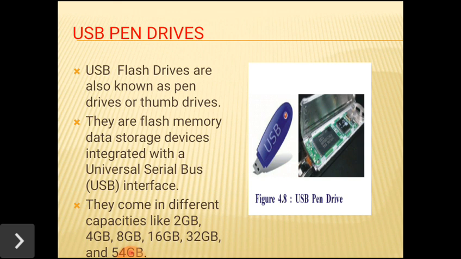They come in different capacities like 2 GB, 4 GB, 8 GB, 16 GB, 32 GB, and 64 GB. Pen drives are most popular as they are very portable, available in various sizes and capacities, as well as very efficient for storing important data.